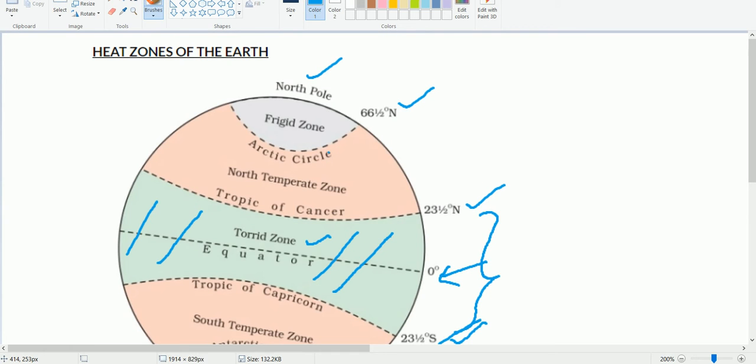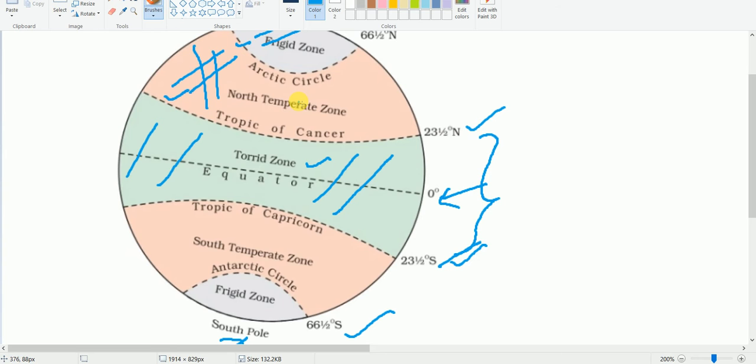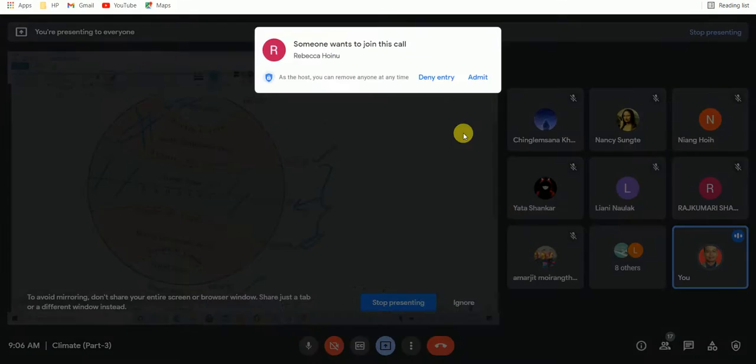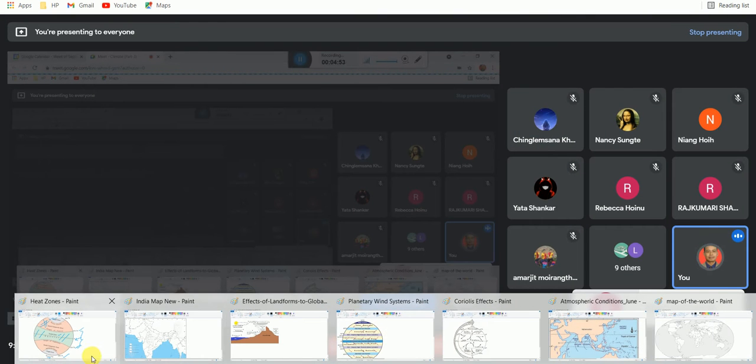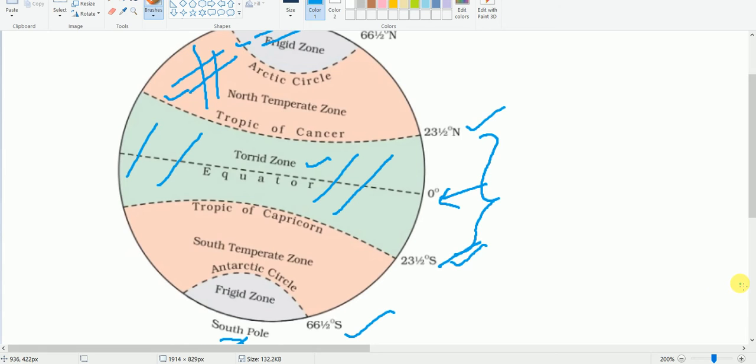And likewise the lane between the Tropic of Cancer and the Arctic Circle is known as the temperate zone, and within the Arctic Circle we call it the frigid zone, and likewise in the southern hemisphere also. So the lane between the Tropic of Capricorn and the Antarctic Circle is known as the temperate zone, and this is the frigid zone.